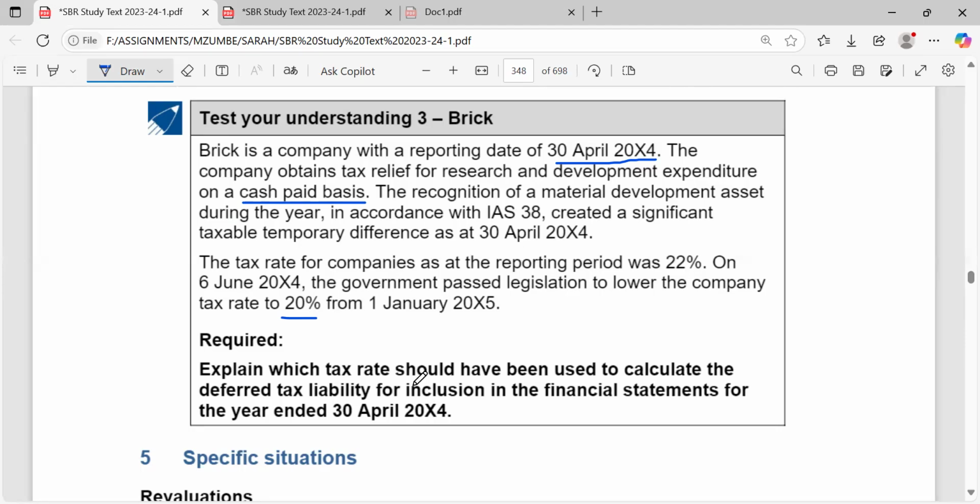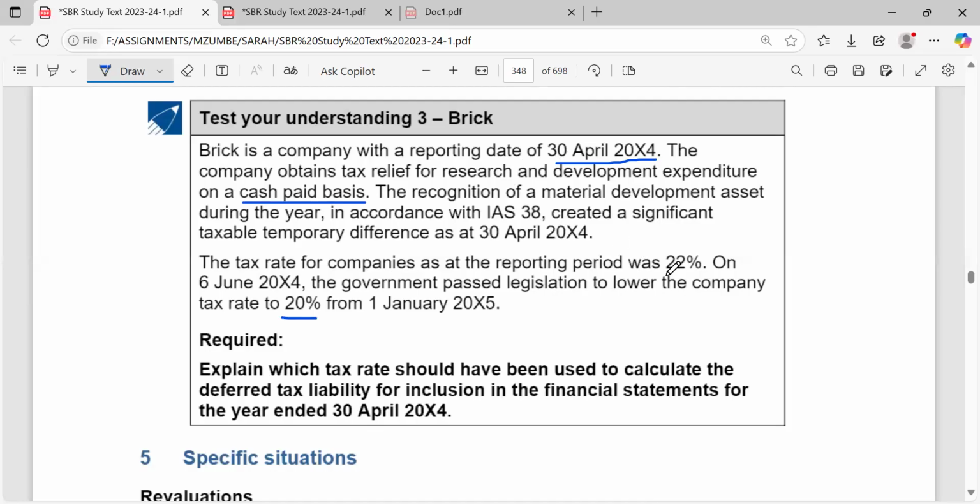Okay, you see this point now. We said use something that is in force or expected to be what? In force, right? Okay, at this point now, what would you have done? You have seen the reporting date is 30 April. But about 1 month and a week later, the government passes a legislation, right?